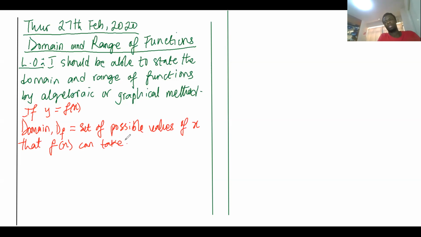Let's say y is a function of x. Okay, does that make sense, everyone? Domain is all possible values that it can take.